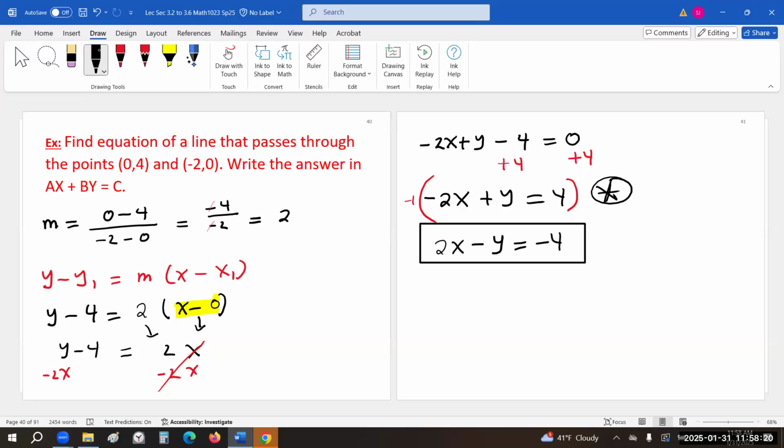But like I said, it's actually an interesting question and much simpler. Why? What is this point? Y-intercept. And we know our slope too, right? So second method.